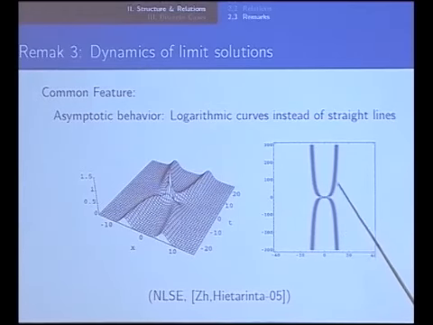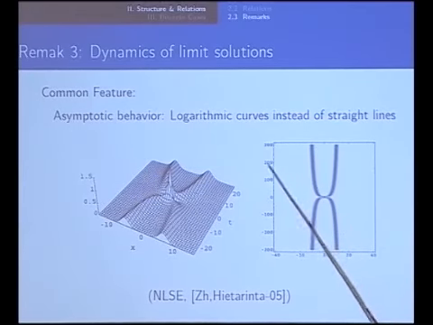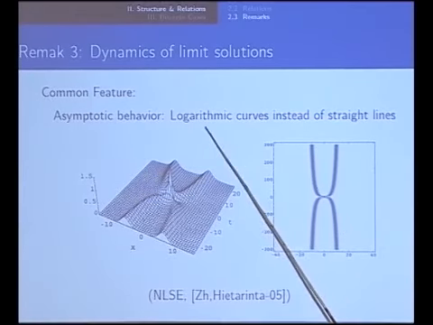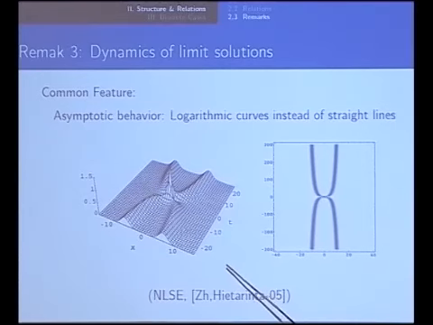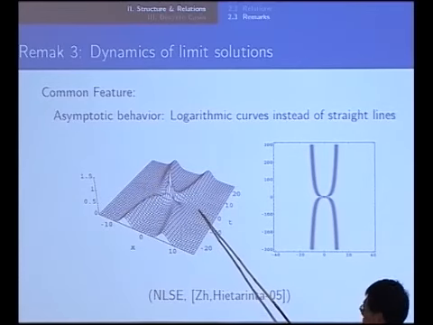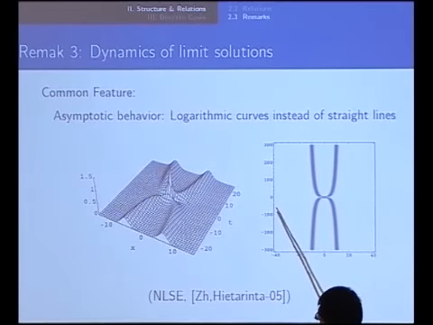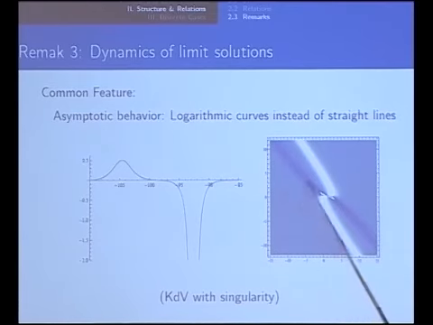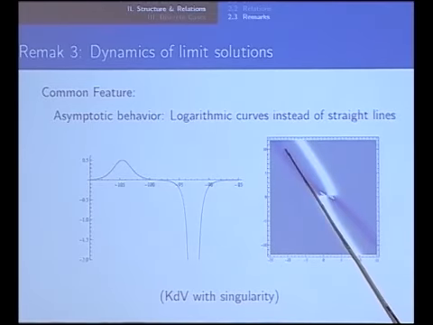For dynamics, the limit solutions have a very common feature. The asymptotic behavior is a kind of logarithm curves. This is a nonlinear Schrödinger equation, two solitons, limit solution.